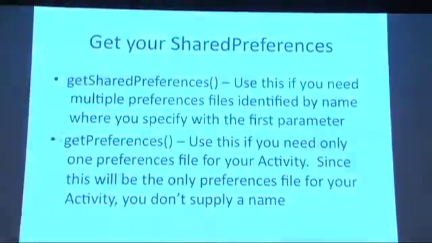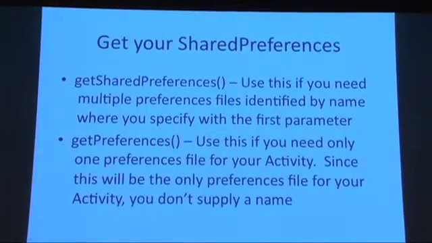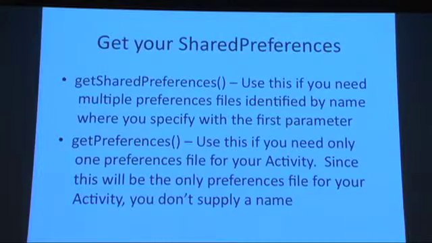And getPreferences is a method that you use when you only have one preferences activity. This is only for simple apps, or maybe if you have some kinds of settings in there and you only need settings for your whole app, then you can just use getPreferences. This way you don't have to care about preferences files and everything like that.